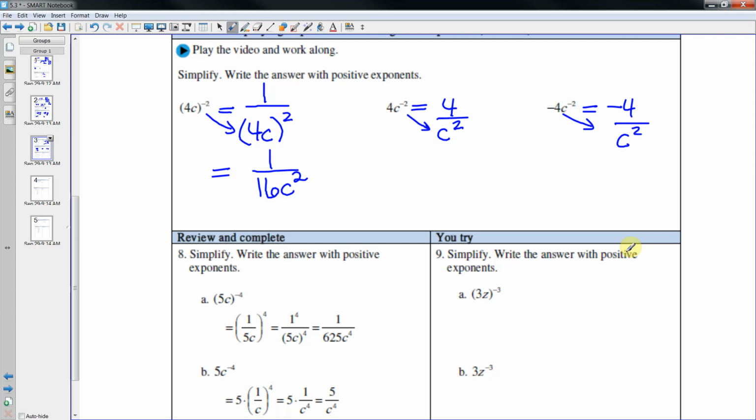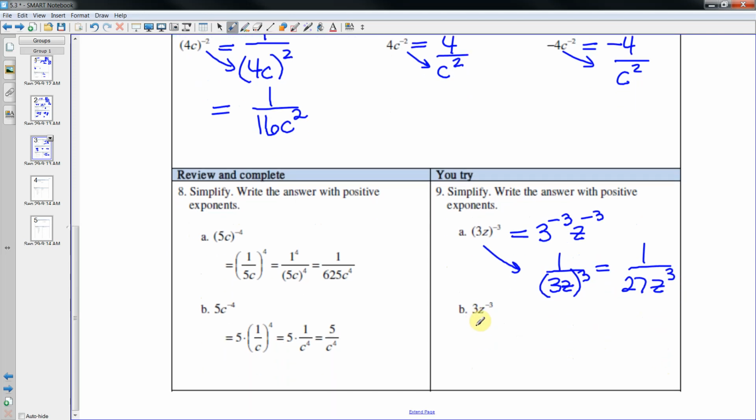Let's do a couple more. 3z to the negative 3, so that's going to be 3 to the negative 3 and z to the negative 3. In the example, I just moved them both downstairs immediately, so 1 over 3 cubed, 3 times 3 times 3, which is 27, and z cubed is z cubed.